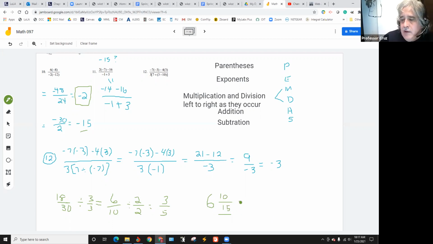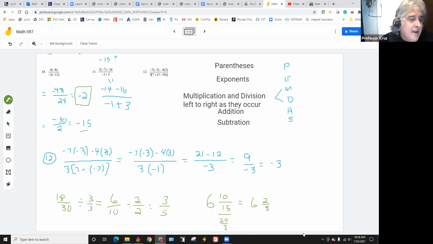But let's see. So both of these are divisible by 5, right? 5 into 10 goes 2. And then 5 into 15 goes 3 times. So that's a mixed number. If you do the improper fraction, just to refresh your memory, 3 times 6 is 18, plus 2 is 20 over 3. So if you need an improper fraction, you got to go that step.